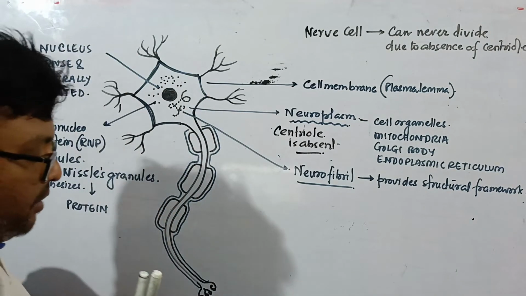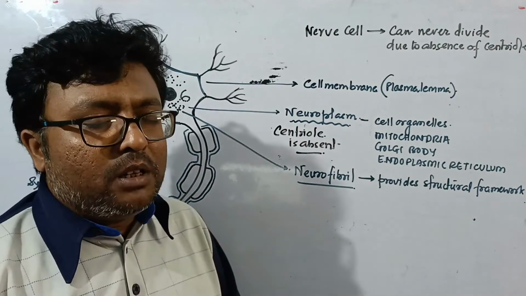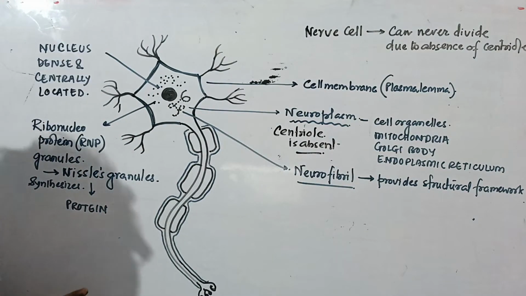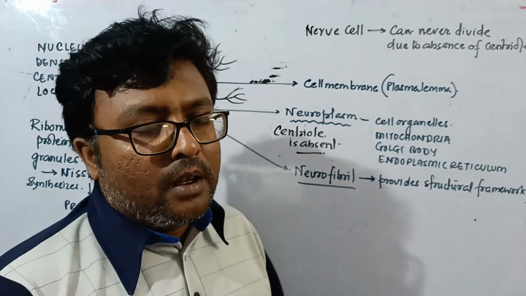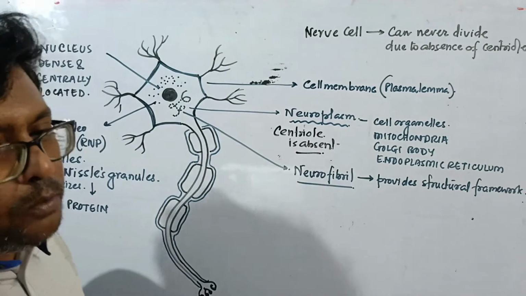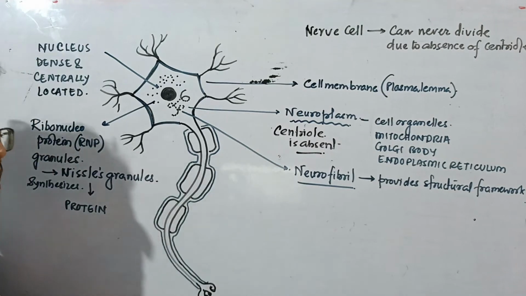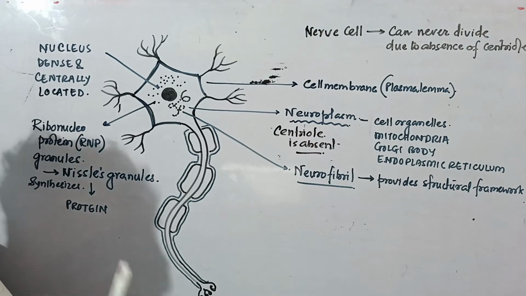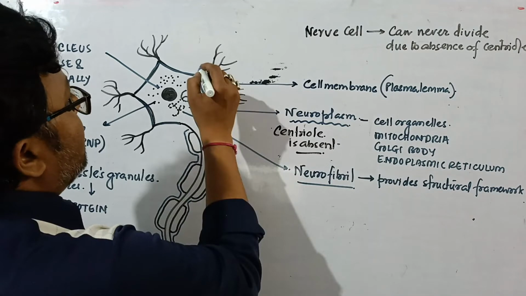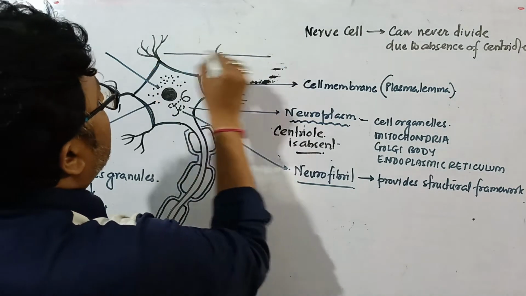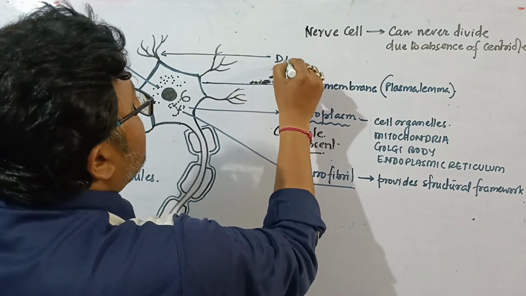Now you can see that basically different processes have emerged from the cell body. You'll find numerous short and branched processes that have emerged from this cell body. These short and branched processes are generally known as dendron.